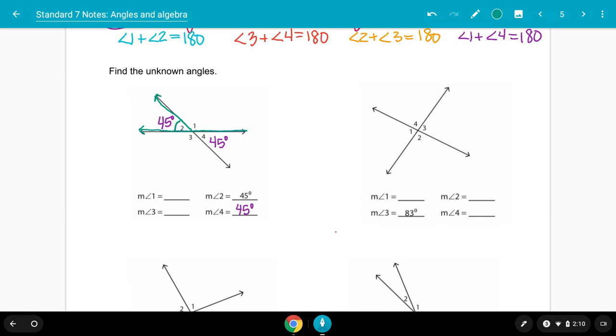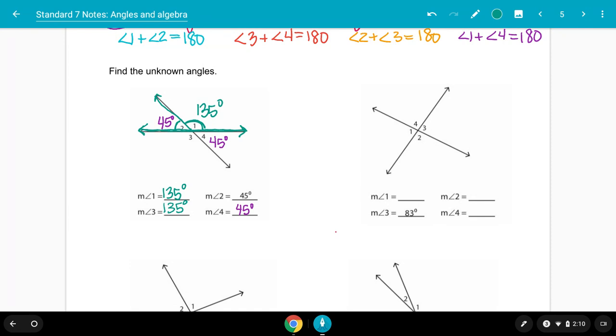I know that angle 2 plus angle 1 is 180 degrees. I already have 45 degrees. How many more do I need to get to 180? It's 135 degrees. So angle 1 is 135 degrees. And if angle 1 is 135 and angle 3 is across from it, they are equivalent. There you have it.